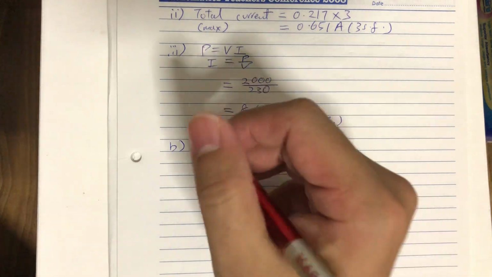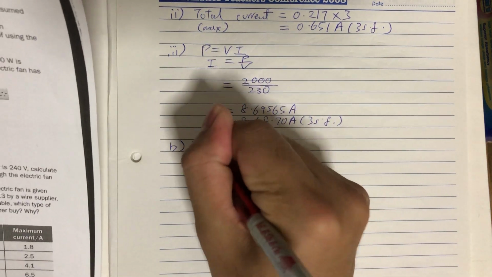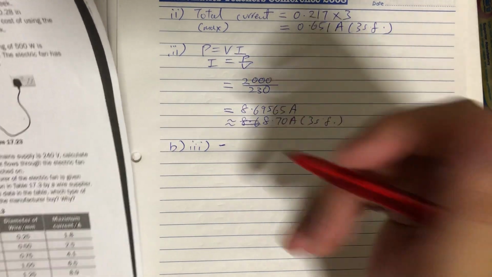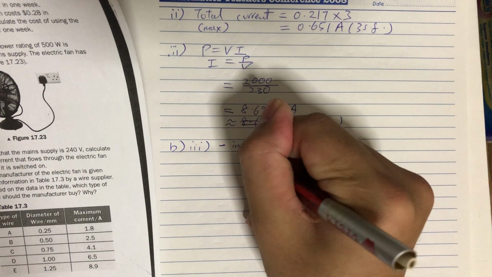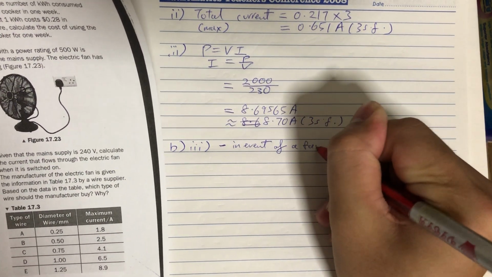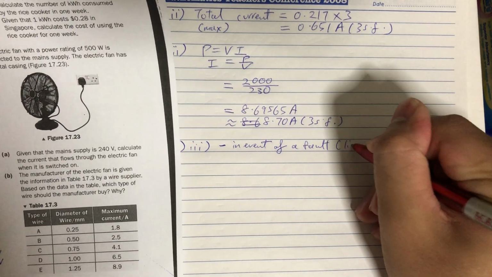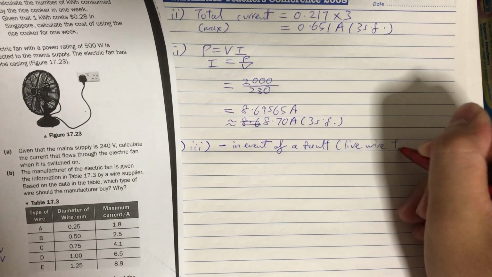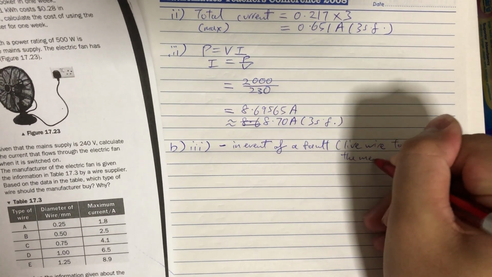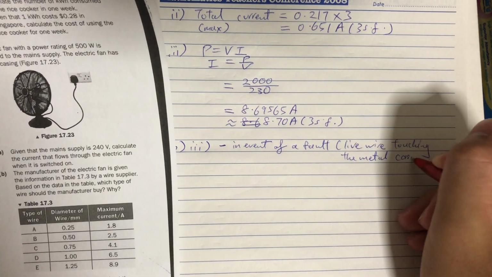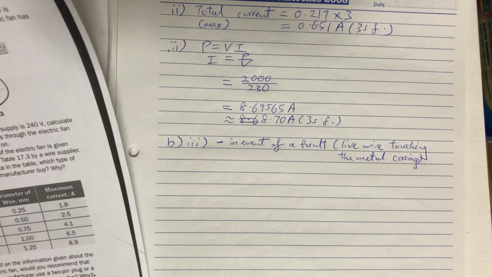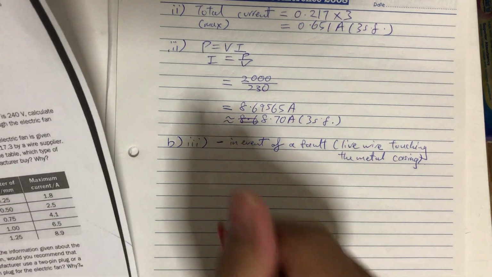First thing that we need to talk about is, in event of fault, in this case, we are talking about the live wire touching the metal casing. So your answer should have this as one of the sentences.